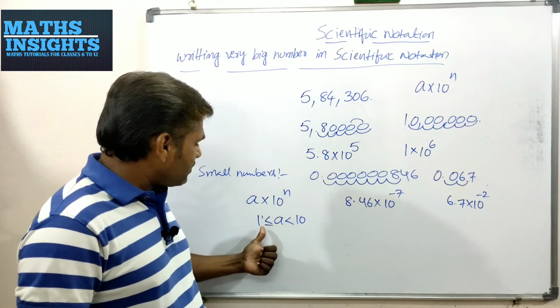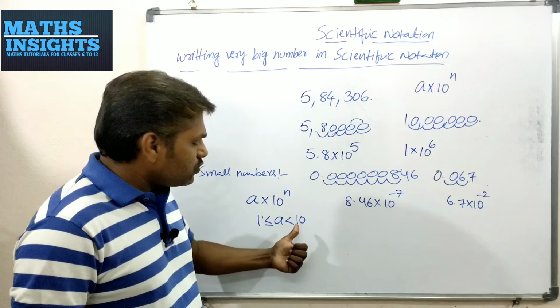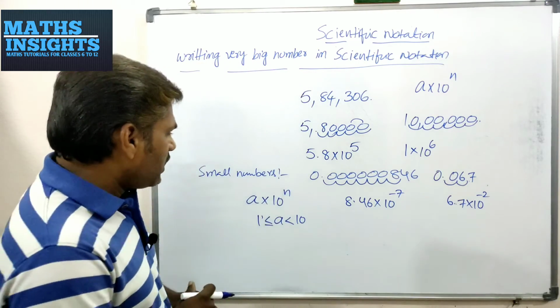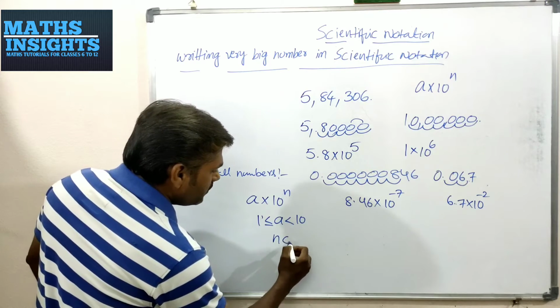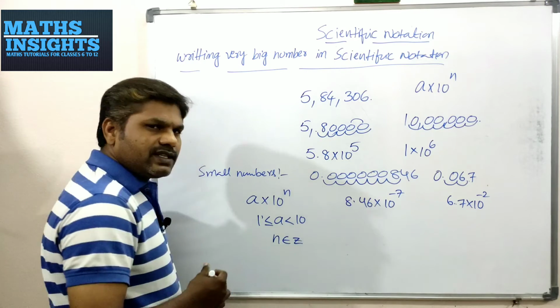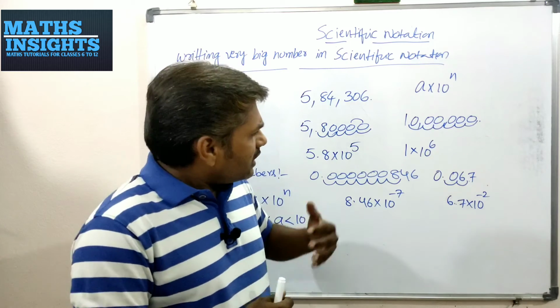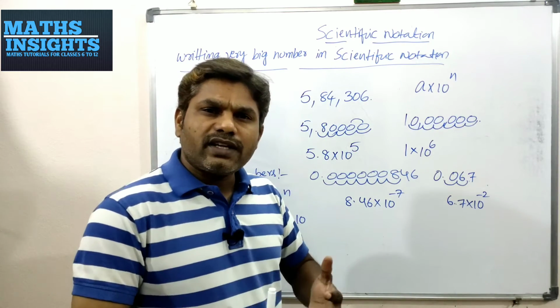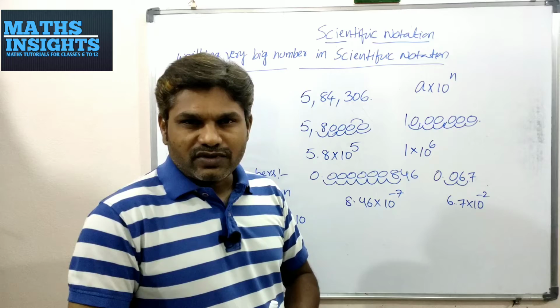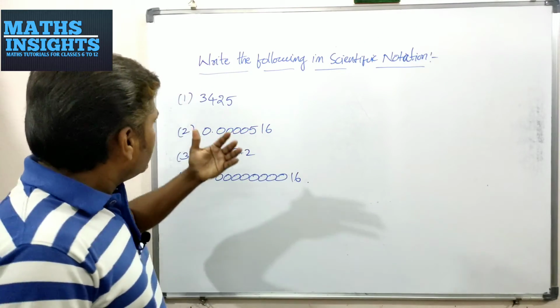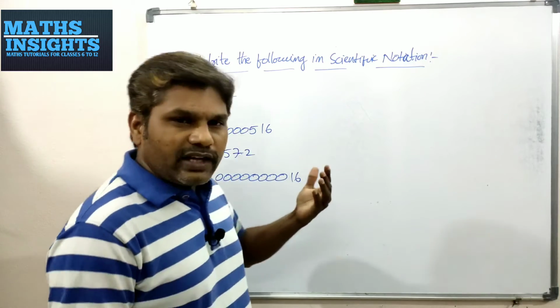Means a takes the values from 1 up to 10 only. It will not take the 10 value. And this n belongs to Z. Z is integers. So I will clear this scientific notation by taking more and more examples. I have taken 4 examples to clear you the scientific notation.